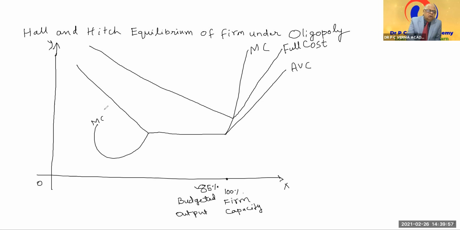This is marginal cost. This is average variable cost. And this is full cost.